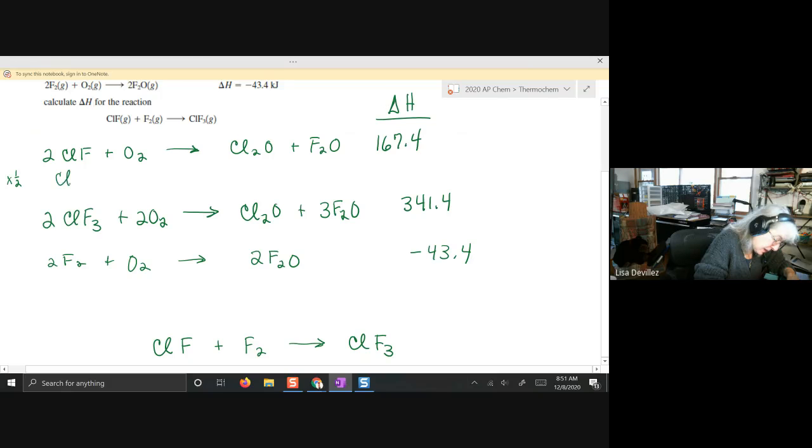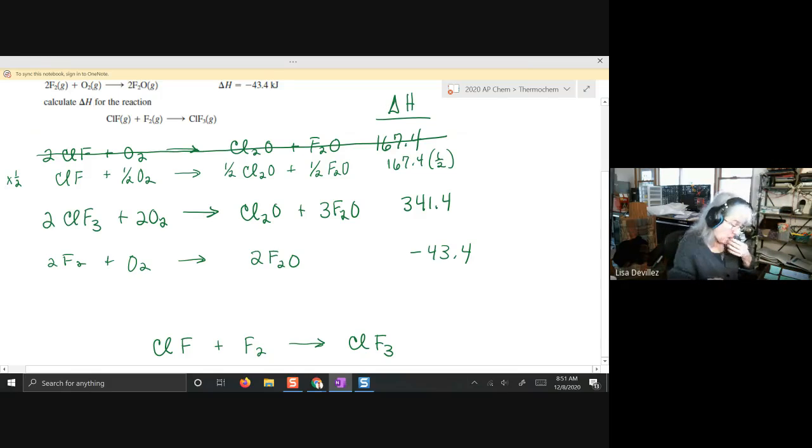So that's gonna be ClF + 1/2 O2 → 1/2 Cl2O + 1/2 F2O, and my delta H is 167.4 times 1/2. Let's mark through that. So this one is where I need it to be.